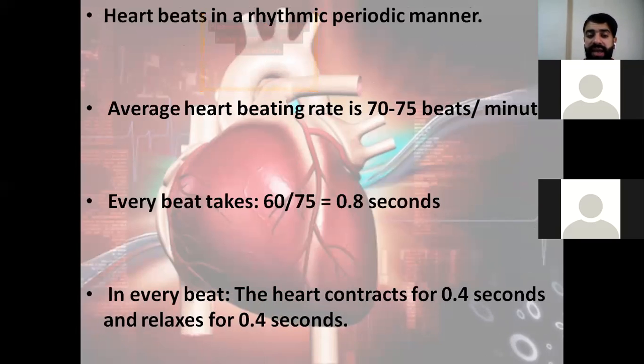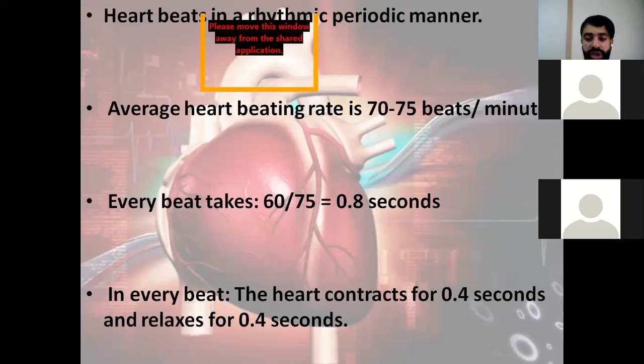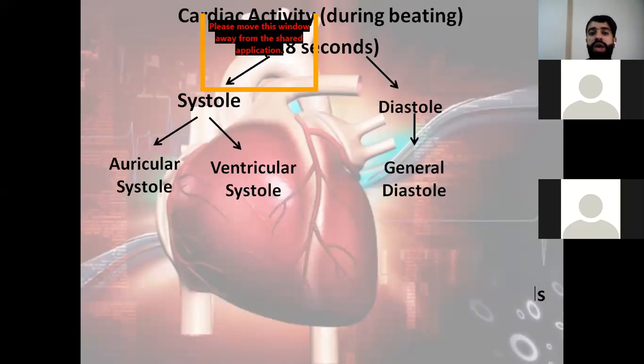These 0.8 seconds are divided into contraction and relaxation. The heart contracts for 0.4 seconds and relaxes for 0.4 seconds. So the cardiac cycle, we said, is 0.8 seconds, divided into systole and diastole.